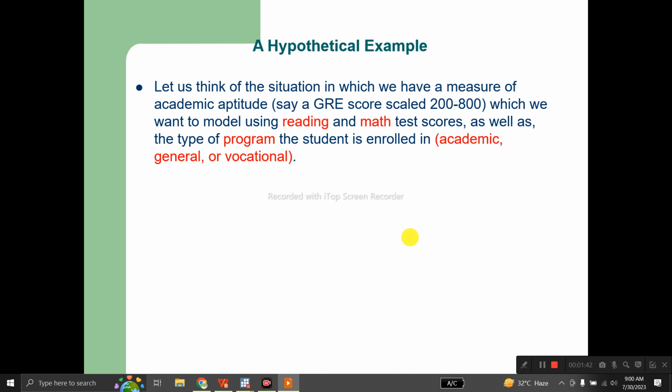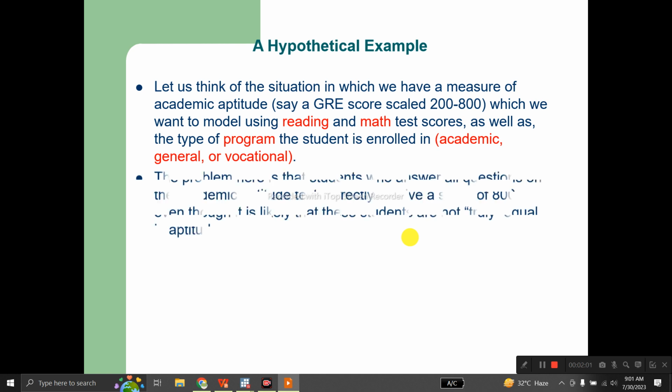So here our dependent variable is aptitude, which is denoted by apt. Our two continuous or scale independent variables are reading and math, and we have one categorical independent variable. It has three categories: academic, general and vocational.